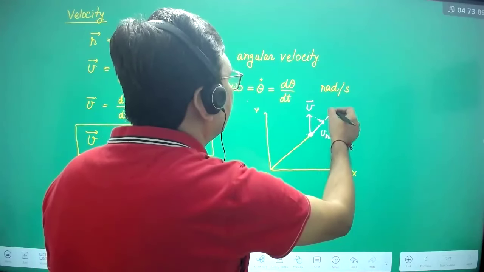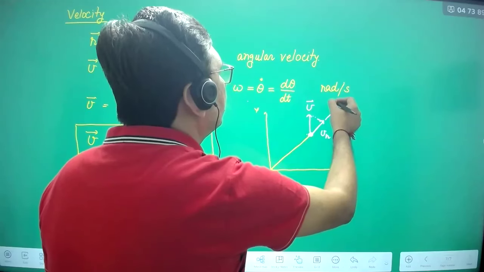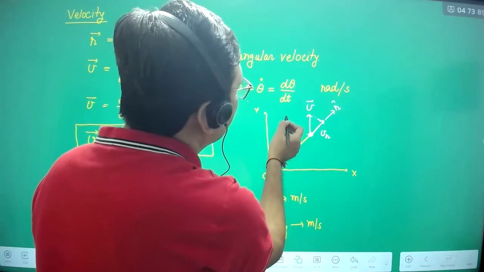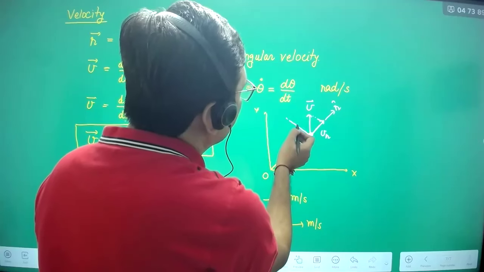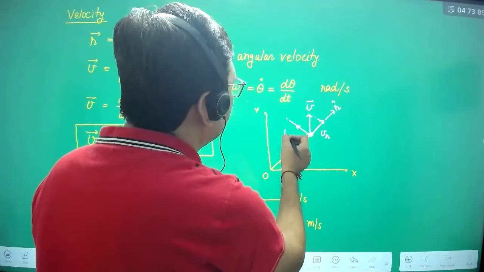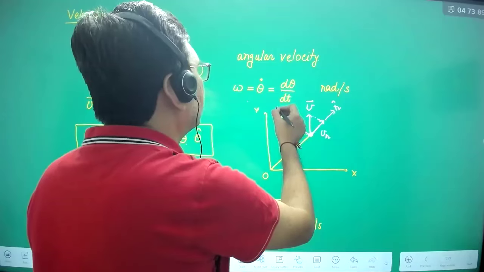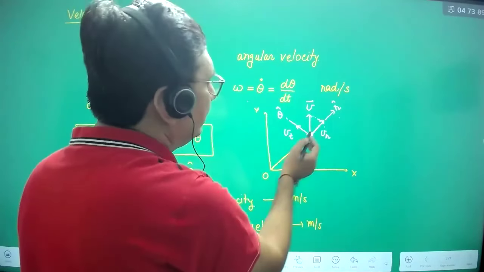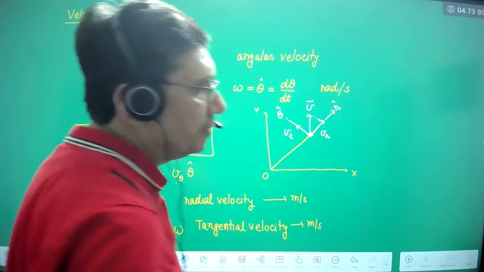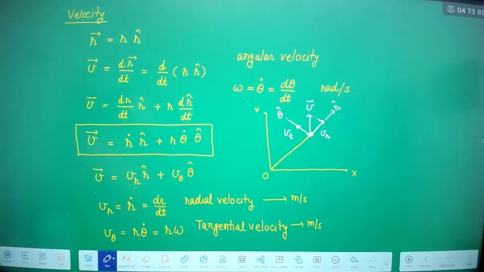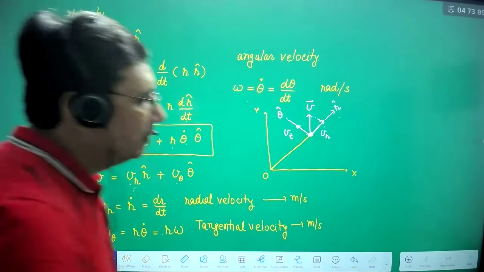And the component in this direction will be vt, and this is the theta cap direction. So this is radial velocity and this is tangential velocity.